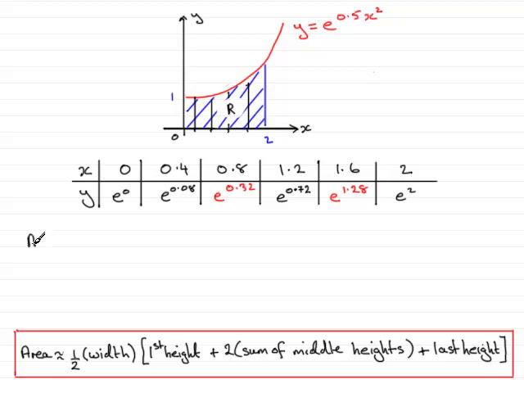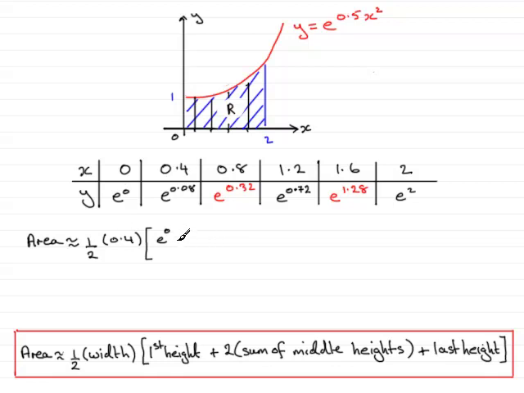What we need to say is that the area is roughly equal to half the width of a strip, and so the width of a strip is clearly 0.4, and then we multiply all of this lot by the first height. That's when x is 0. You get e to the 0, which in fact is 1. I'm just going to write it in as e to the 0 so you can see it in the table here.